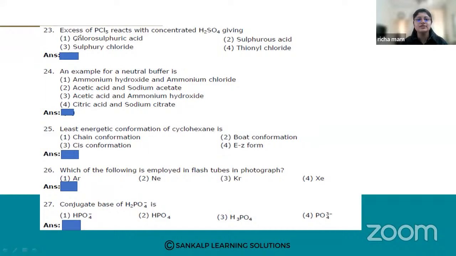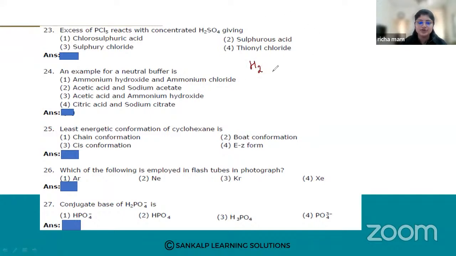Excess of phosphorus pentachloride reacts with concentrated H2SO4, giving you what? So let me see.